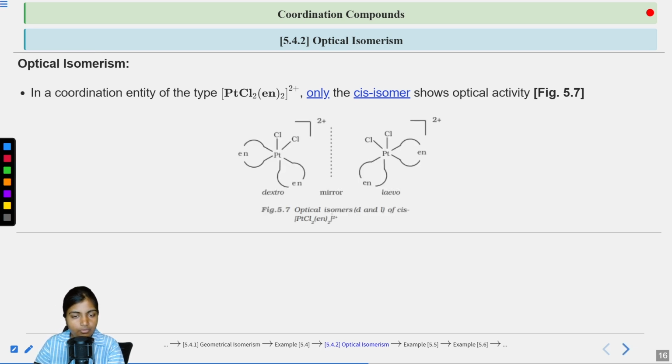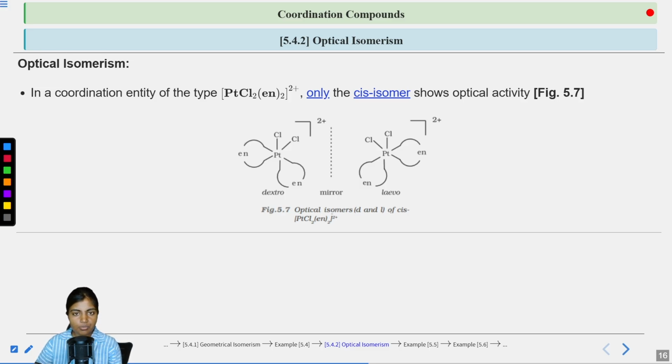Let's see this in figure 5.7. So it is showing the optical isomers, dextro and laevo form, of the cis platinum Cl2 en twice, whole 2 positive complex. Okay, so the cis form of this complex.